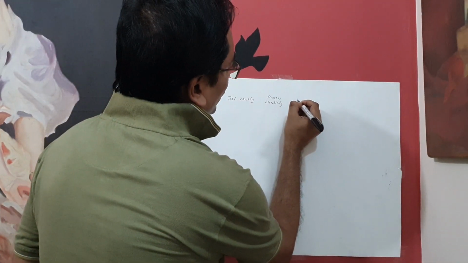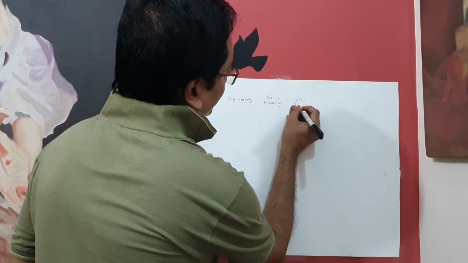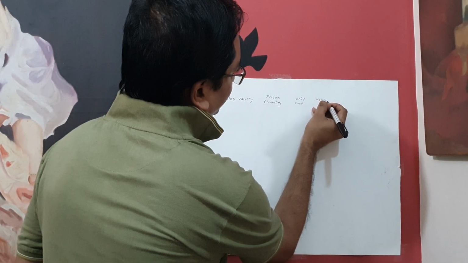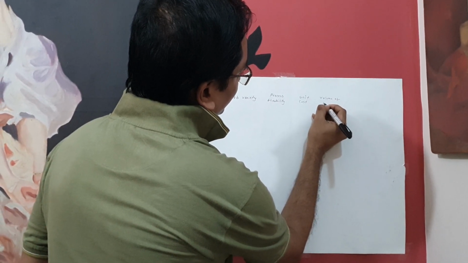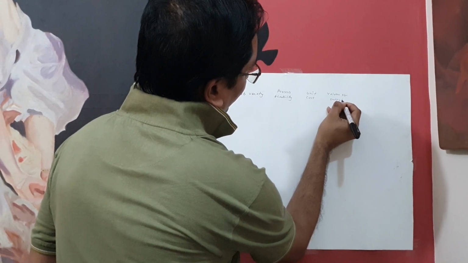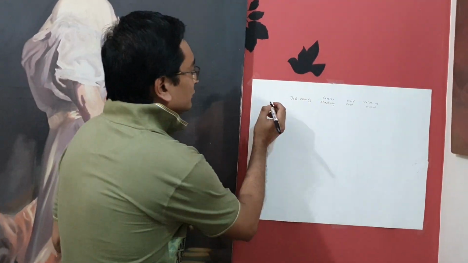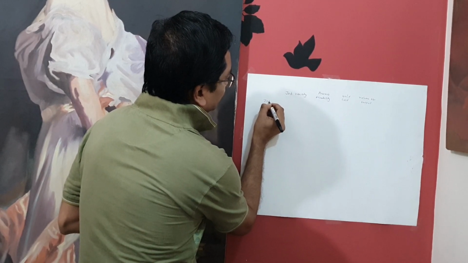Third one, unit cost. And fourth one is the volume of output. Right, so based on these four determinants, the entire manufacturing organization divided the business manufacturing process into four different categories. First one we call job shop.